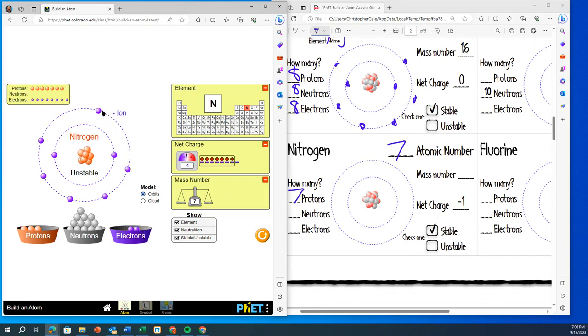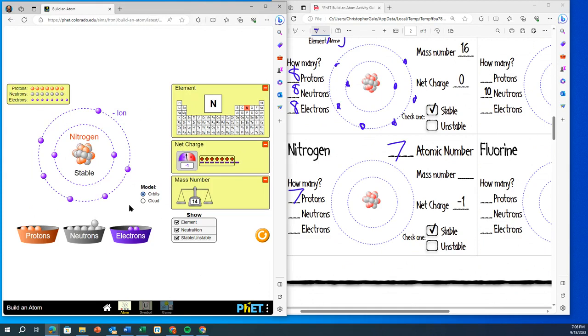minus charge, 8. And we want to have it stable. Sorry about that. The neutrons should be the same number as the protons. 7 and 7.